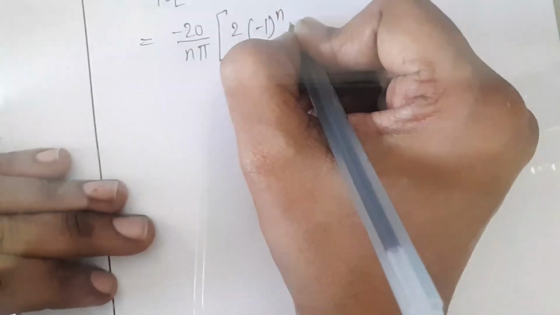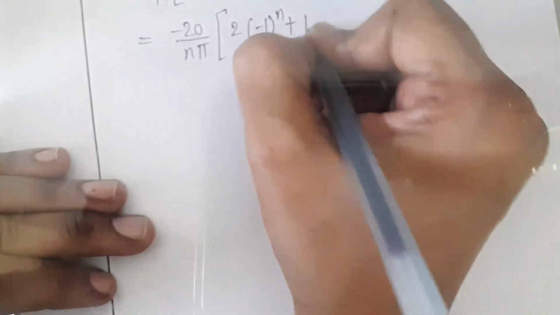Last term, so it is equal to minus of 20 by n pi, 2 times minus 1 to the power n plus 1. So substituting the bn value in the final solution, u is obtained as 40 plus x minus 20 by pi.